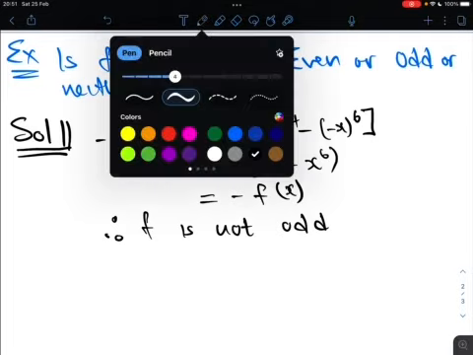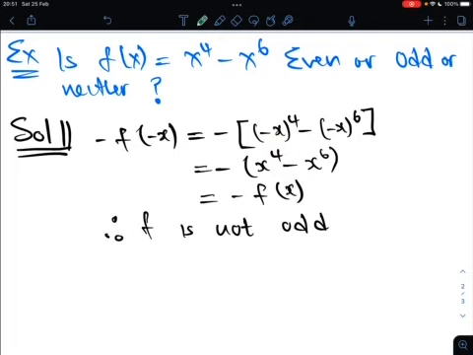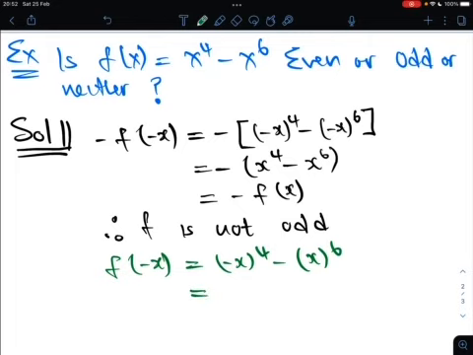So what we do now, we can check if it's even instead. To check that it's even, we calculate f of minus x, which is the same as saying minus x all raised to the power 4 minus x all raised to the power 6. And then what do we get? When we simplify this, we get x to 4 minus x to 6, which is the same as f of x.